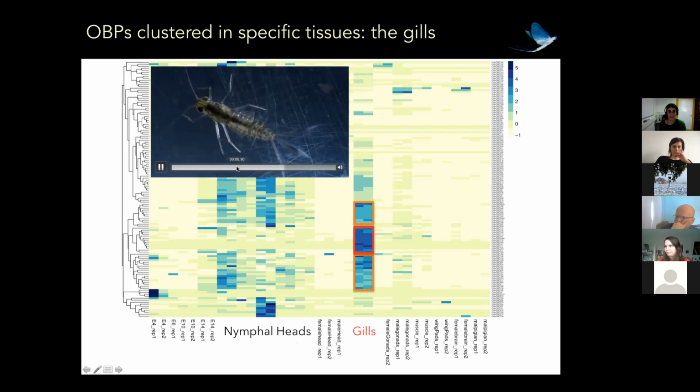The gills in mayflies are abdominal structures that move in a pumping motion. What had been described until our study was that the gill plates in the nymphs of mayflies were used to breathe, so that they were a respiratory organ. But it looks like it is not only a respiratory organ, and probably it also has a sensory function.